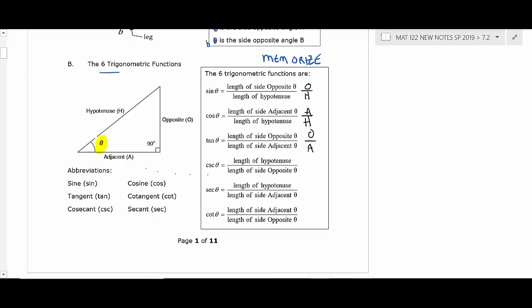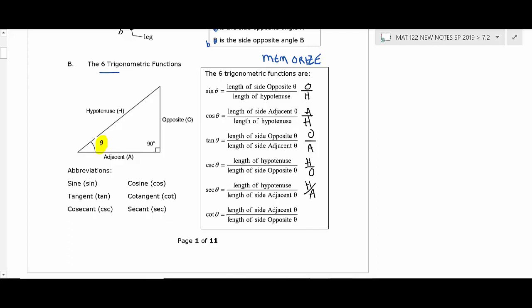The cosecant is backwards of the sine. Notice it's just the reciprocal. If you turn the sine upside down, you get the cosecant, which is the hypotenuse over opposite. The secant is the reciprocal of the cosine, so it's hypotenuse over adjacent.